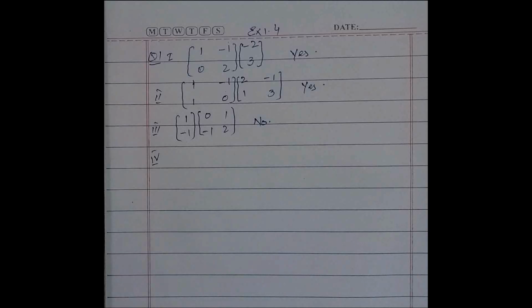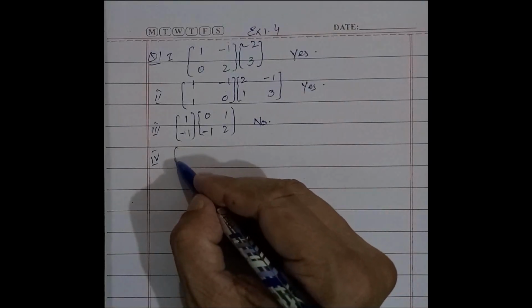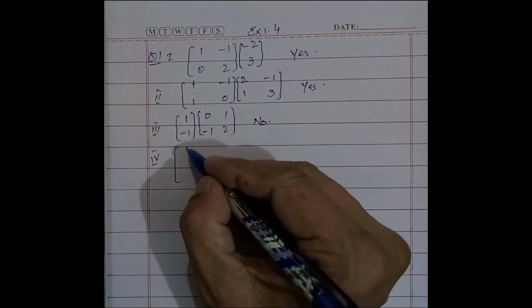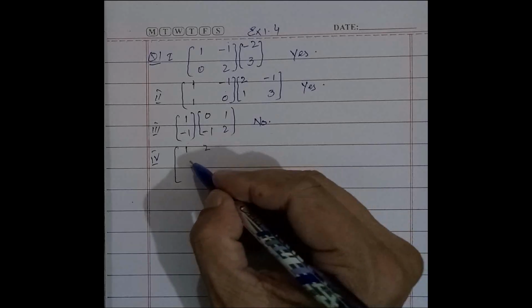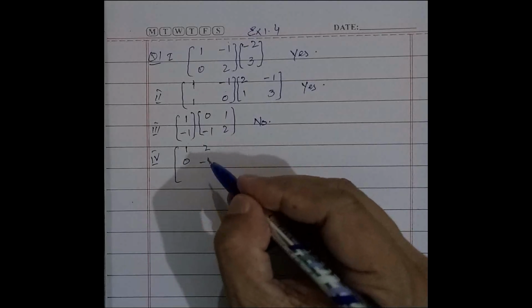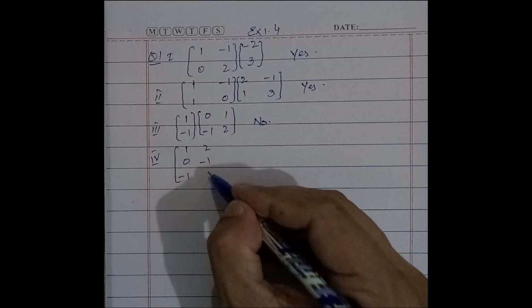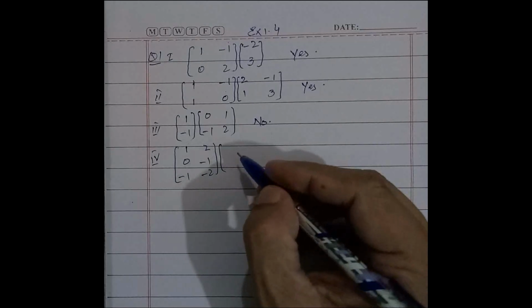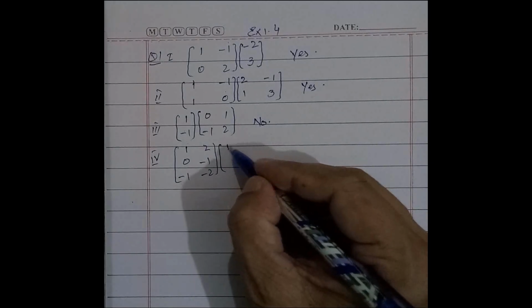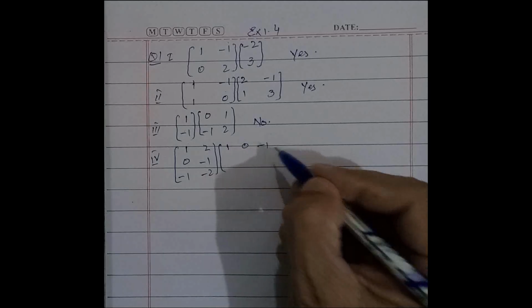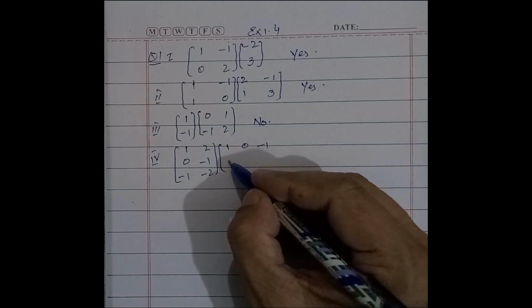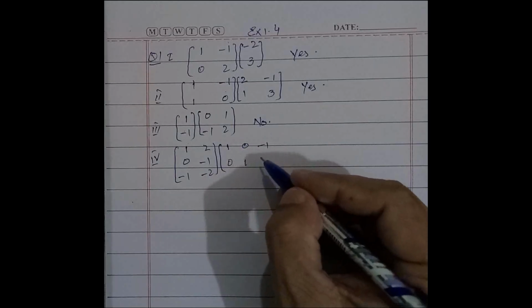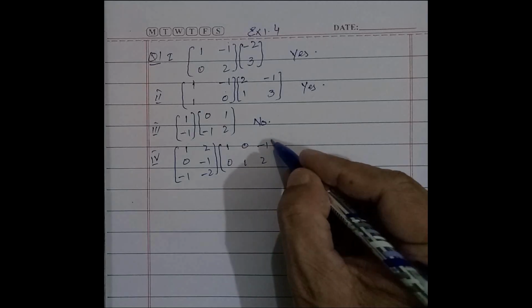And the fourth is 1 2 0 minus 1 minus 1 minus 2, and the second matrix is 1 0 minus 1 0 1 and 2.